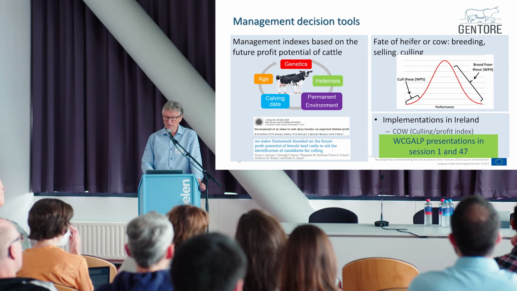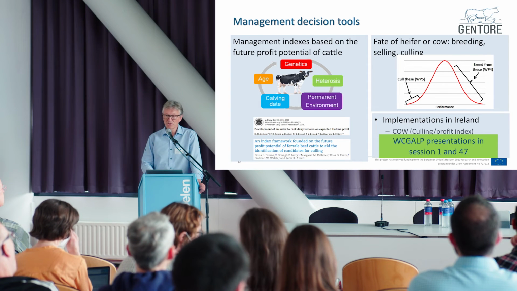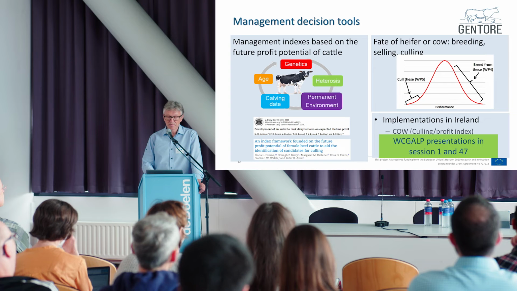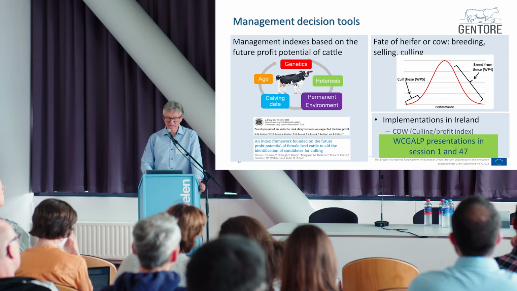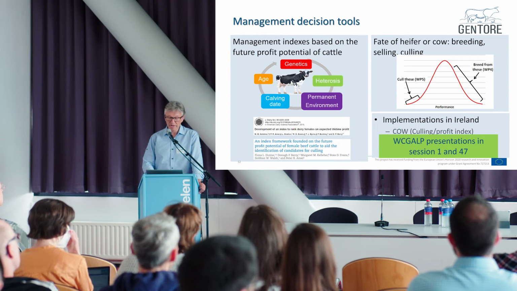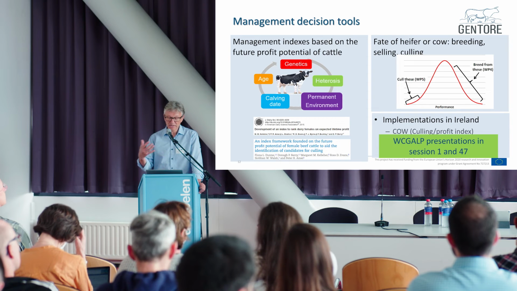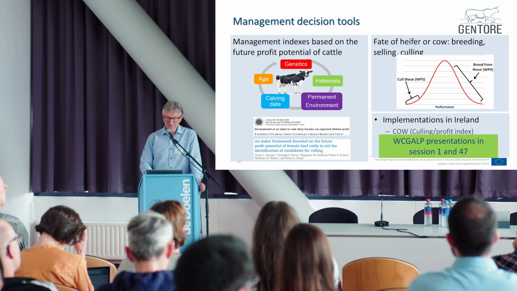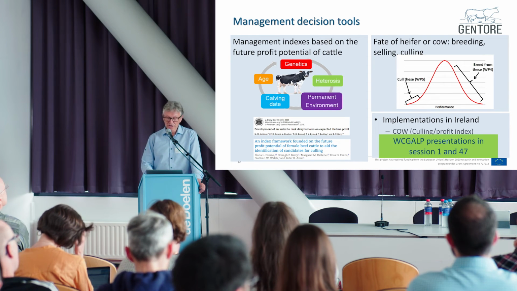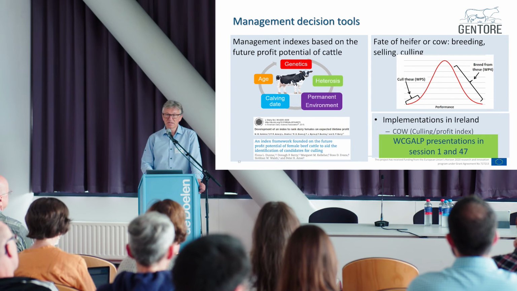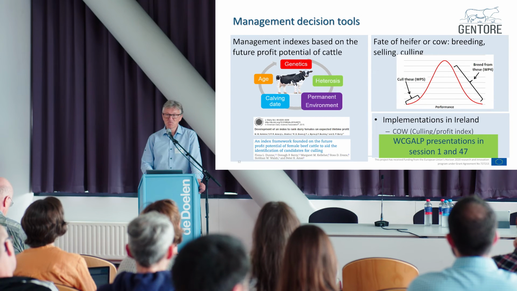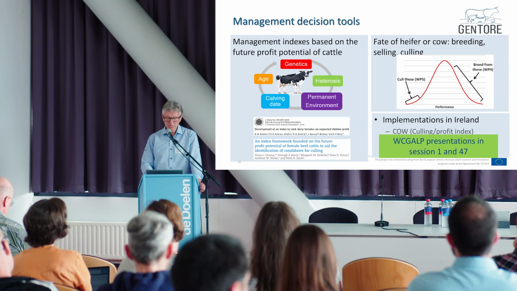So should it be bred? Should it be culled? Should it be sold? In particular, I have worked with two management indices: one for the cow, to decide the fate of the cow in this context, and another one to set the value for beef selling.